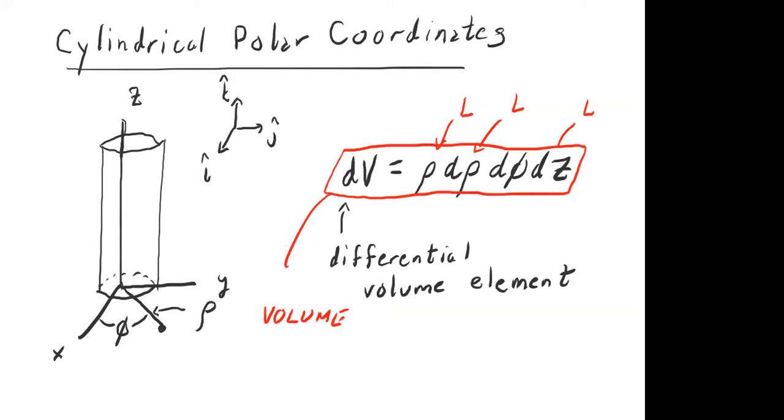Okay, so we started talking about this last time, and I want to pick up from there. There are cases where you deal with problems that have spherical symmetry, and in those instances, it makes your life much easier to solve the problem in spherical polar coordinates.